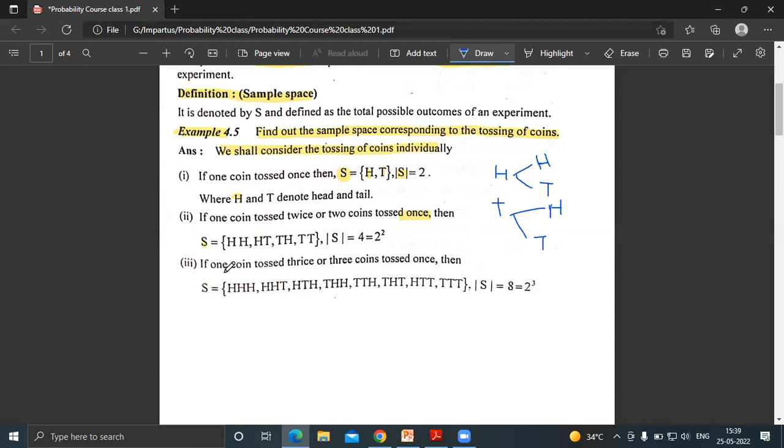Similarly, coming to another point, if one coin is tossed thrice or 3 coins are tossed once, then what will your S be?